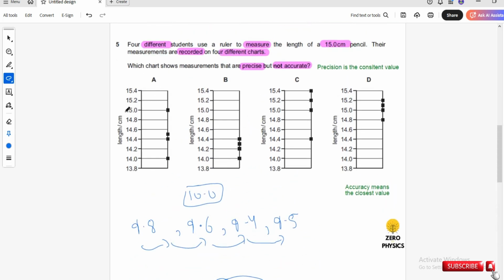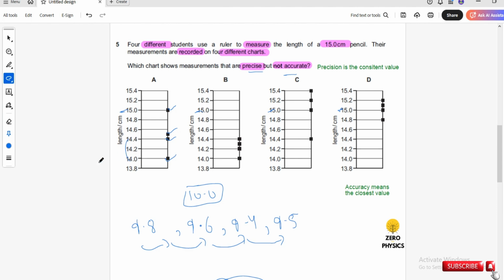Now solve the question. The actual value here is 15. Let me mark it here: 15, 15, 15 as written in the question. So we have to analyze all these dots, or points, which are precise but not accurate. It means they are not close to the actual answer. So we have 15 here, which is accurate, but we have to find not accurate. Then see 14.6, approximately 14.5, 14.4, and 14.